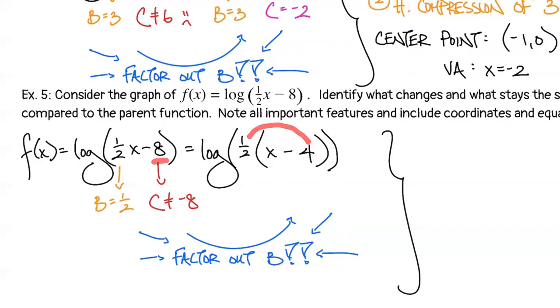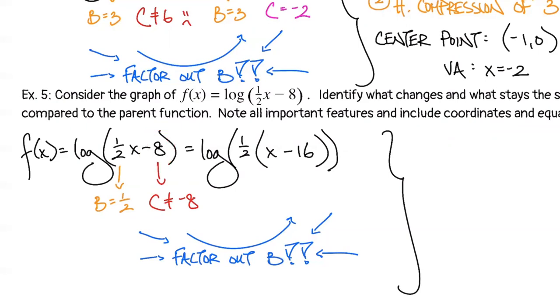So if you're not sure, do yourself a favor and distribute it back in and see if you can get the answer you started with. For those of you in the 16 camp, you were indeed correct, because 1/2 times 16 gives you that 8.